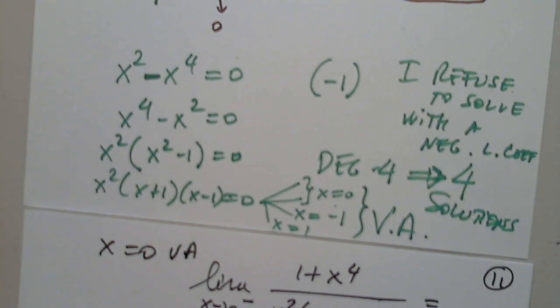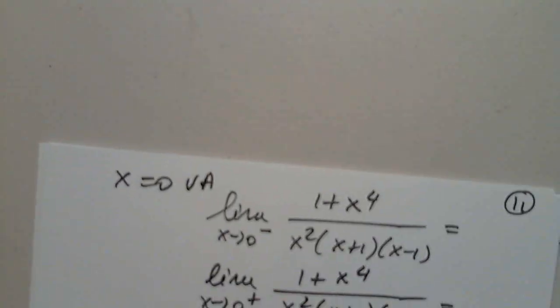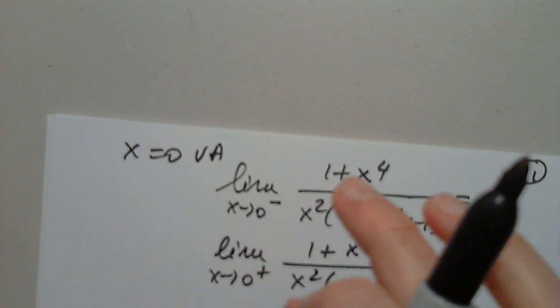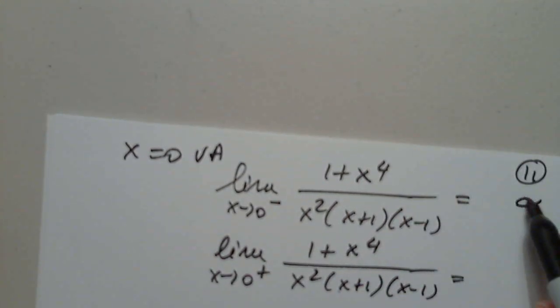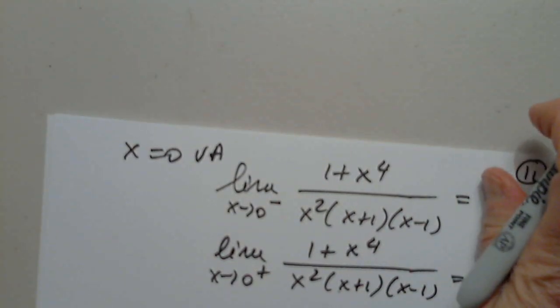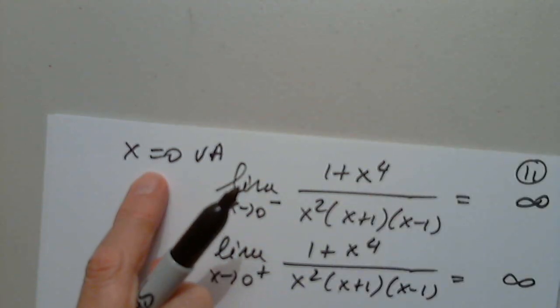The limit as x approaches 0 from the right. And then that is complete. Again, because these limits will be infinity or negative infinity, we'll check in a moment. That's why this is a VA.